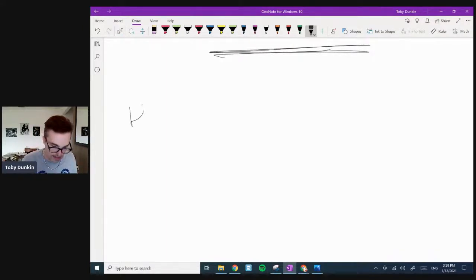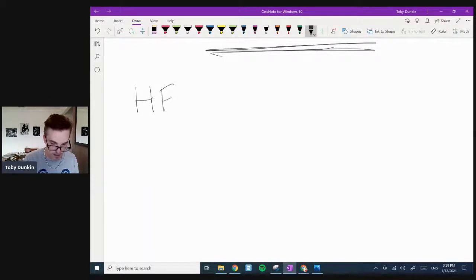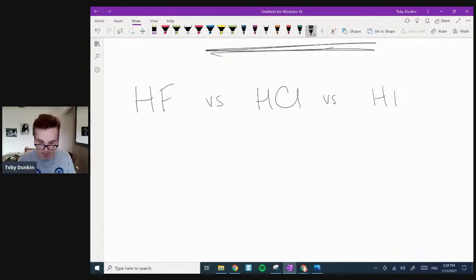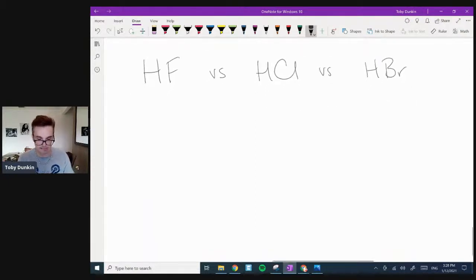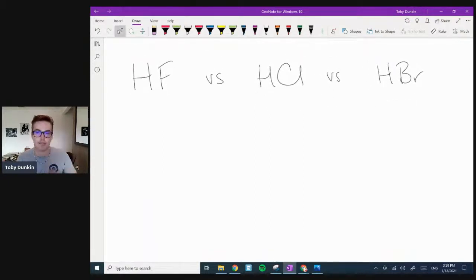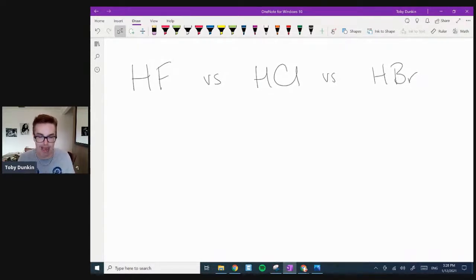So if I said, let's compare the hydrogen group 7 molecules. So let's do HF versus HCl versus HBr. Let's compare these. Now, straight off the bat, which one would you expect?